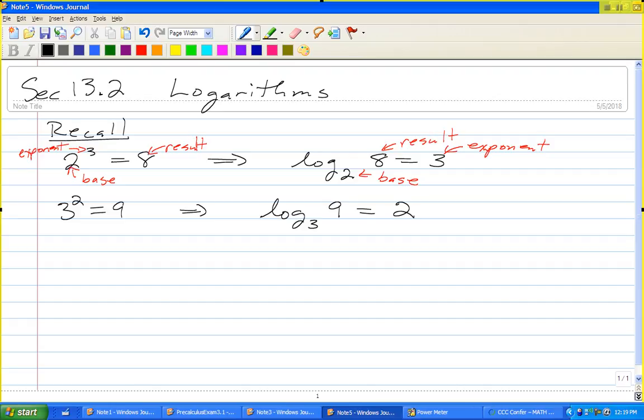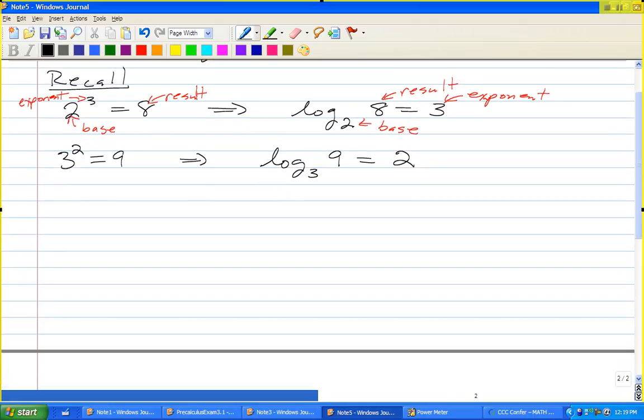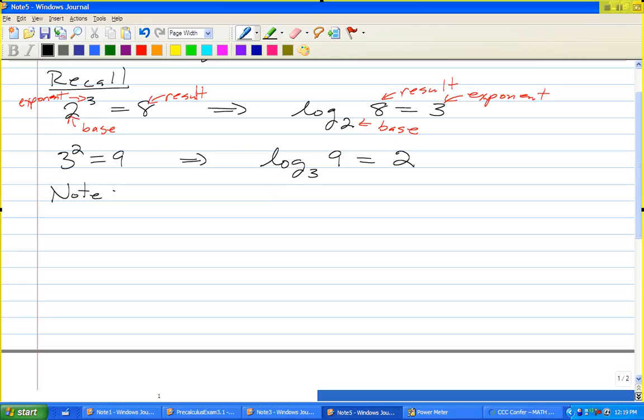So note that f of x equaling b to the x, well, if you remember, for bases greater than 0 and not equal to 1, if the base were greater than 1, then it's always increasing, so it's an injective function.